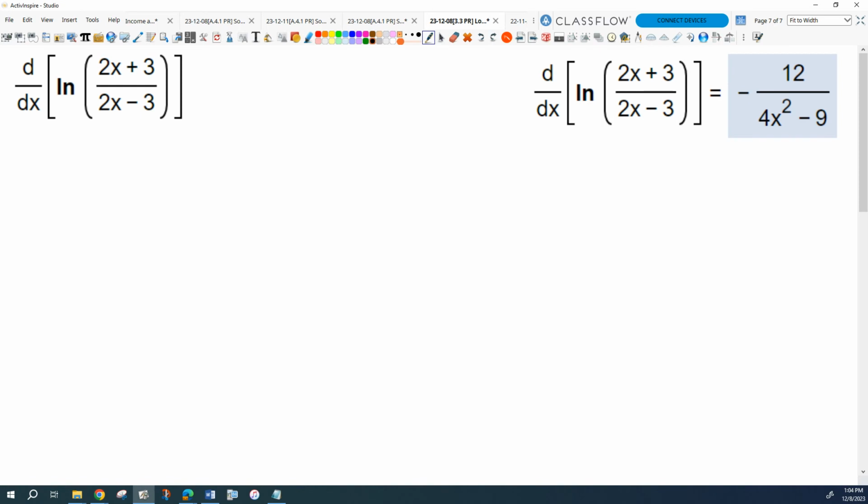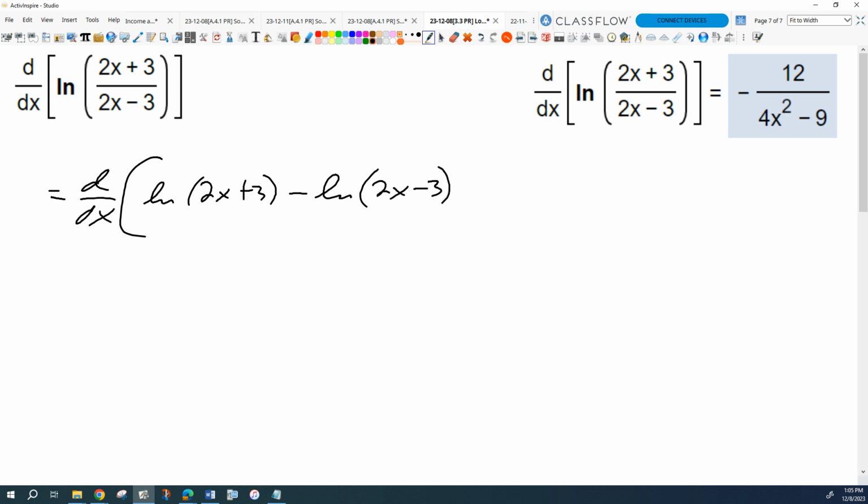So we would write this as... okay, and that's going to give us the derivative of log 2x plus 3 is 2 over 2x plus 3, right? Minus 2 over 2x minus 3.